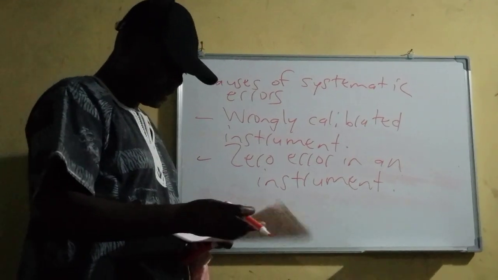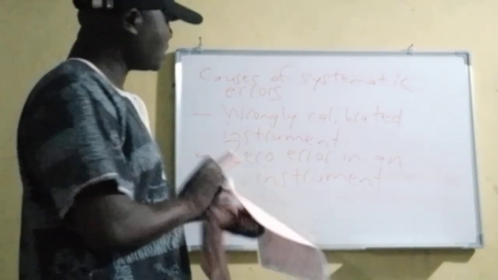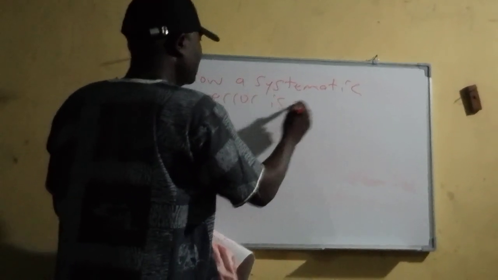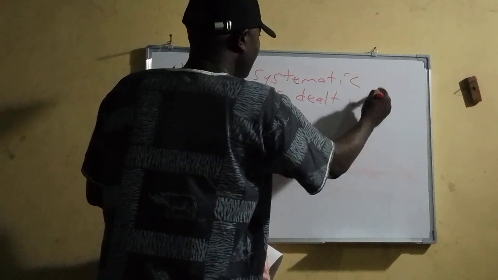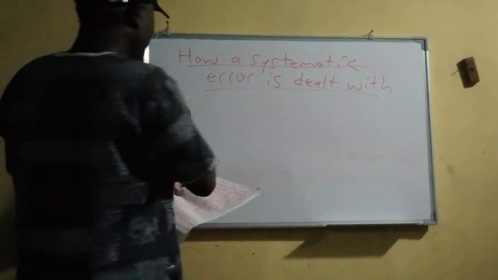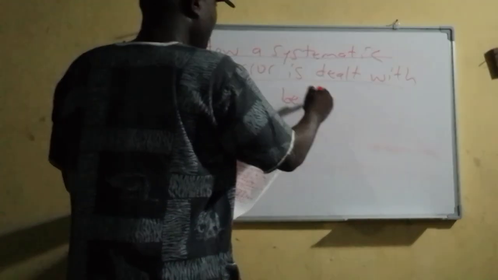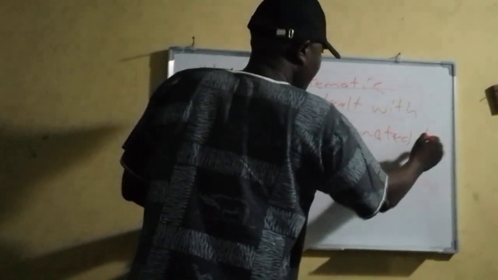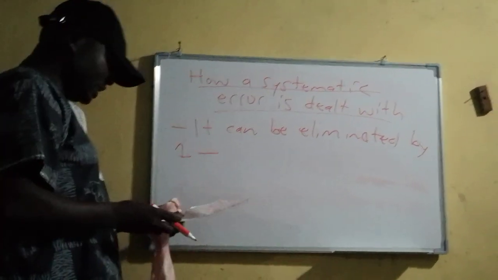How a systematic error is dealt with. A systematic error can be eliminated. It can be eliminated by changing the instrument.